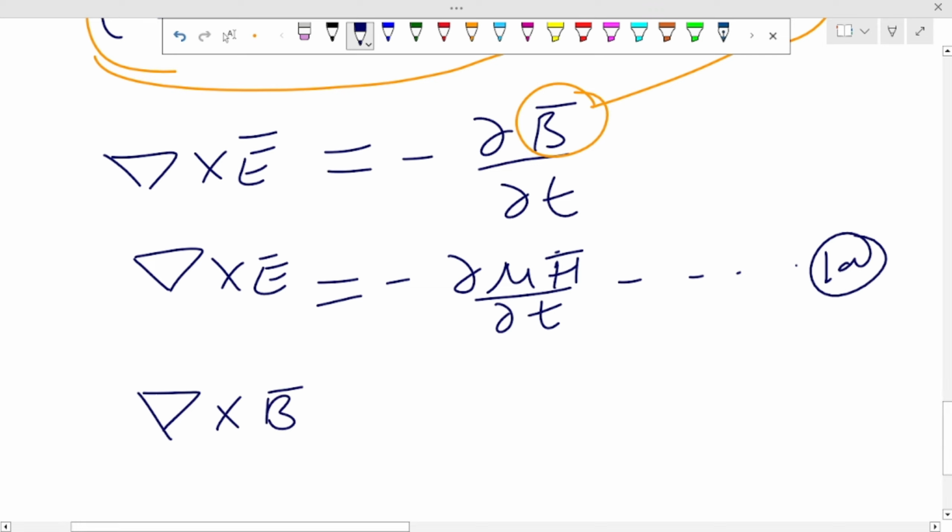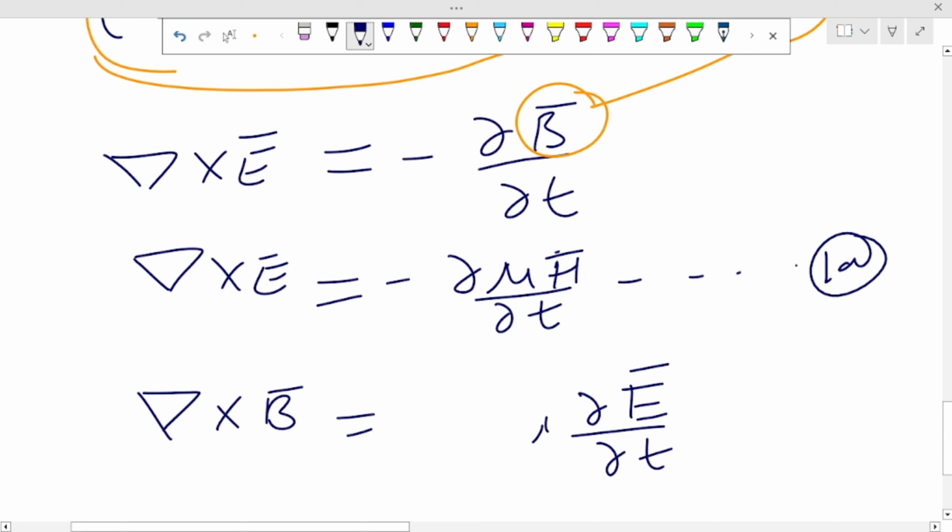Next equation. Now, a changing magnetic field, a rotating magnetic field, equals what? A changing electric field.